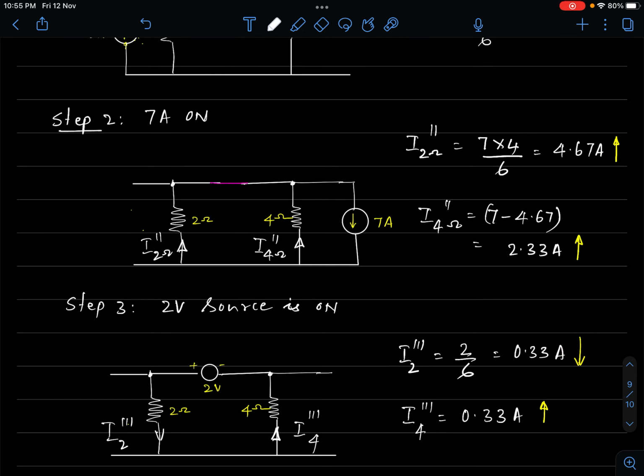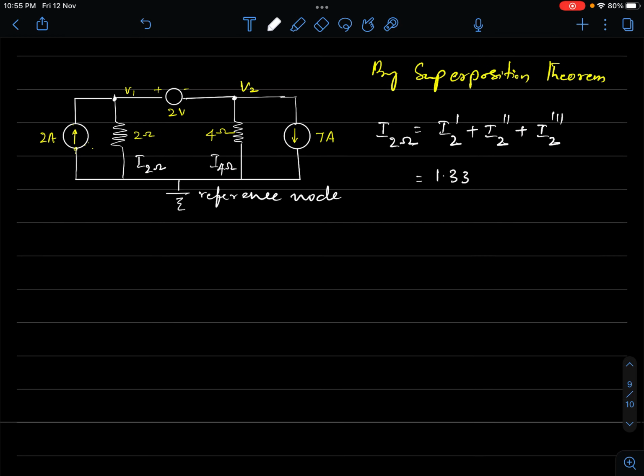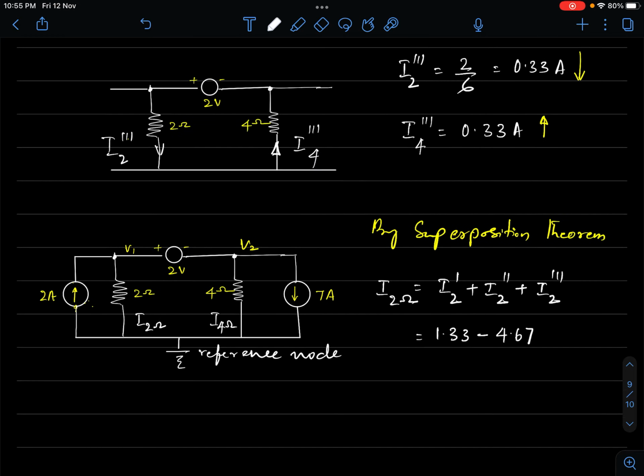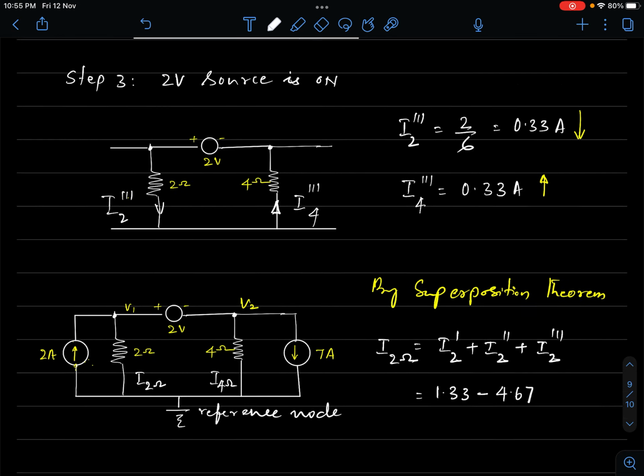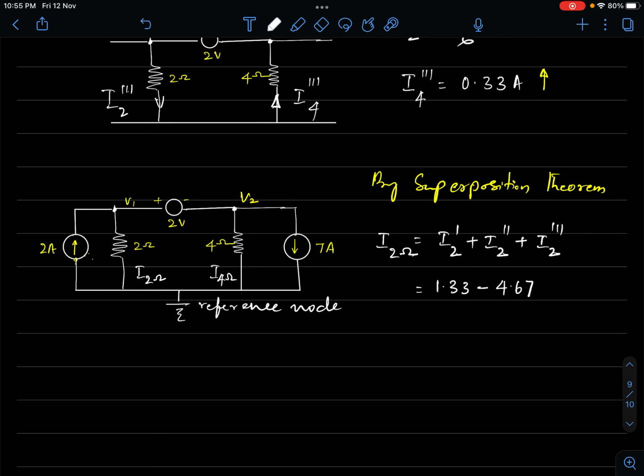I2 double dash is 4.67 in the upward direction. So I will take this to be minus 4.67. Downward current I am taking positive. And this is 0.33 plus 0.33.